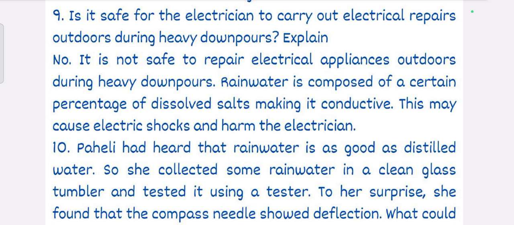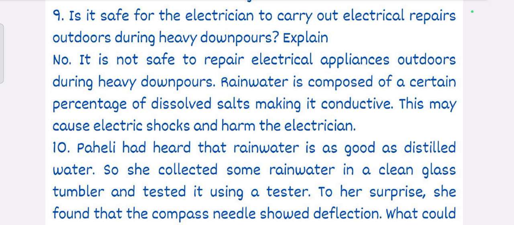Answer: No, it is not safe to repair electrical appliances outdoors during heavy downpours.